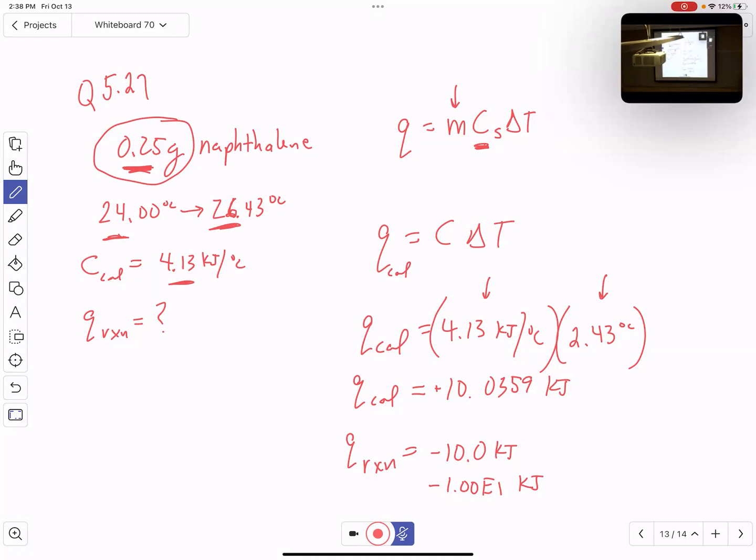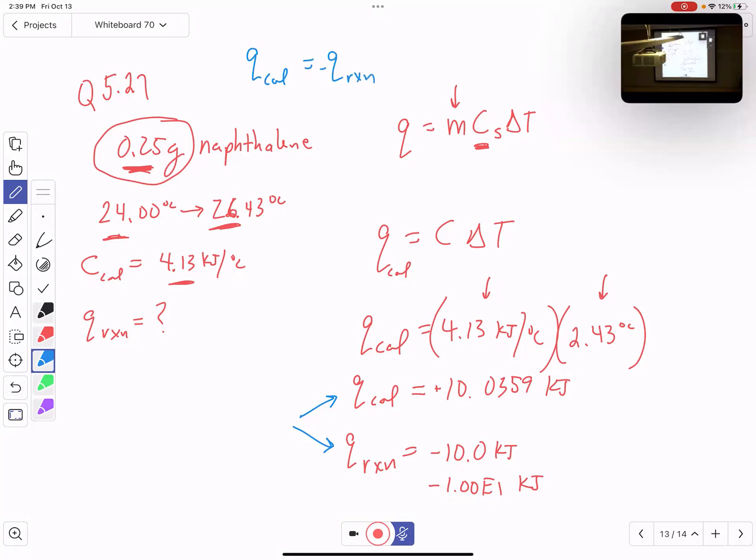Do you recommend finding the heat of the reaction? Like, there's a thing that's heat of the reaction equals negative C delta T. We basically did that right here, without an equation, by just saying, because I gave you that Q of the calorimeter equals negative Q of the reaction.